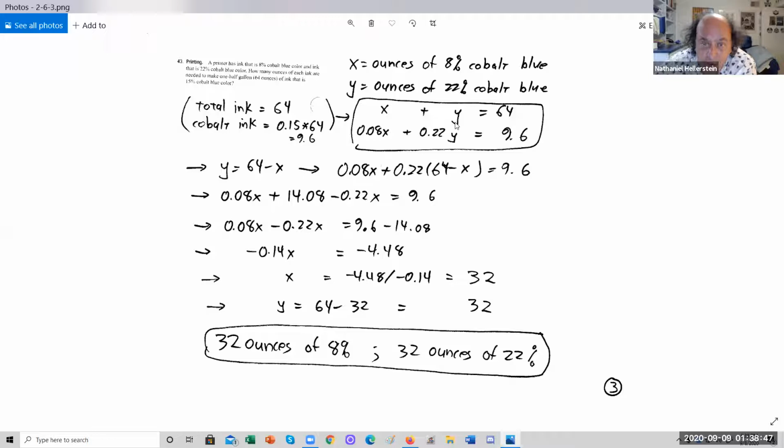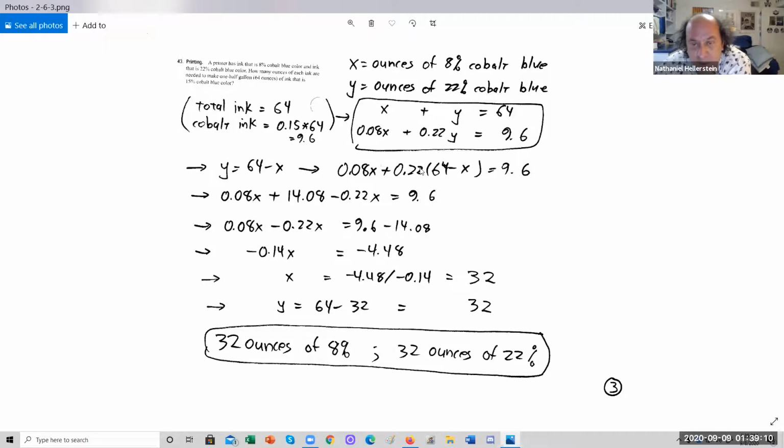Now here, again, what we want to do is solve first for one variable in terms of the other. From x plus y is 64, it follows that y equals 64 minus x. And then we can substitute that 64 minus x anywhere in this other equation. When you do that, you get 8% of x plus 22% of 64 minus x equals 9.6. This is one equation and one unknown.